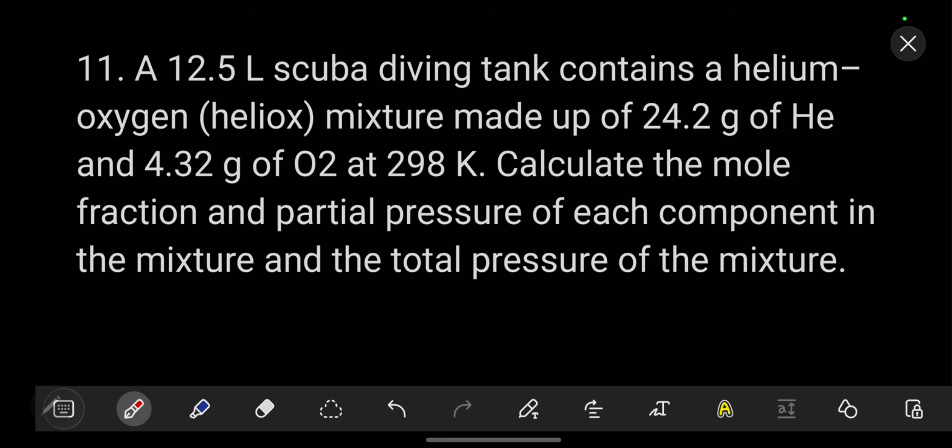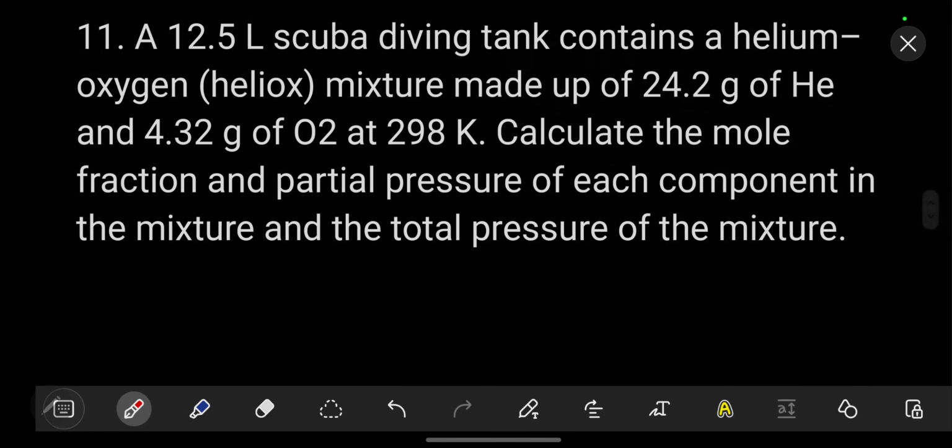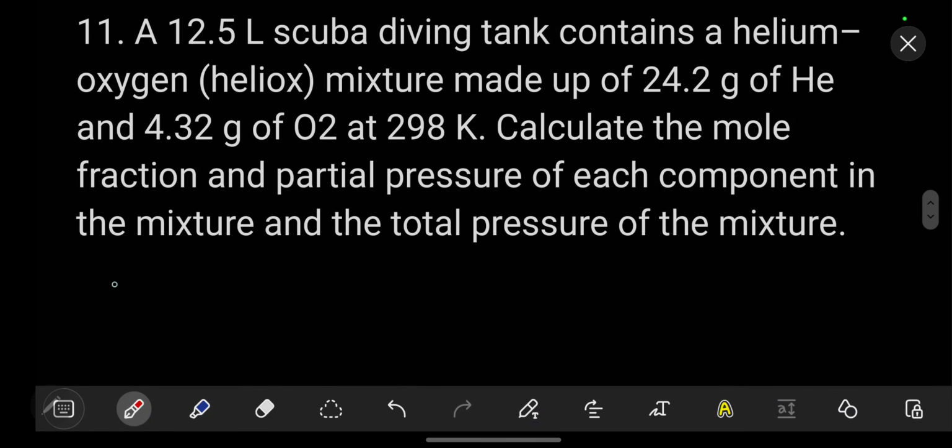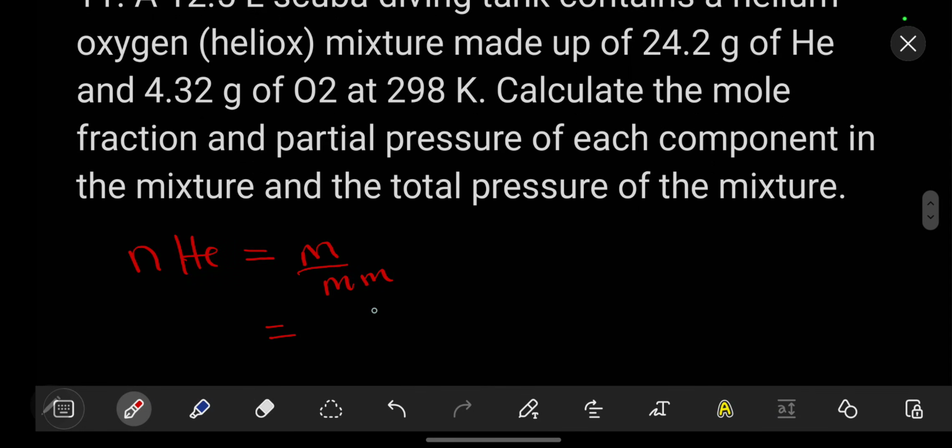Provided with such a problem, the first thing we are going to do is find the number of moles. The number of moles is equal to the mass over the molar mass. So the number of moles of helium is the mass of helium, 24.2 grams, over the molar mass.